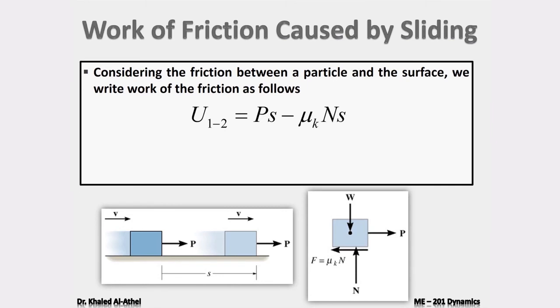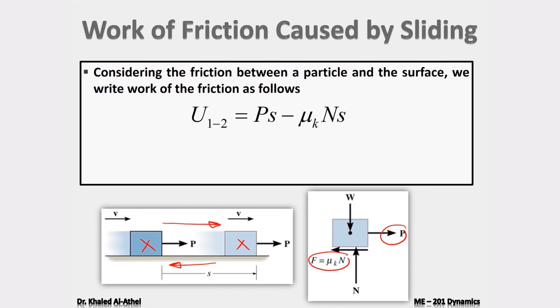The final force that we have is the work done by friction. Now, friction always acts opposite to the force. If you look at this figure, you have an object that moves from this location to this location, so it is moving to the right. Therefore, I'm going to have friction to the left. This is the direction of the force, this is the direction of the friction, it's opposite.